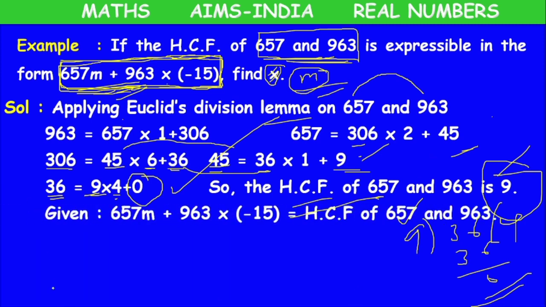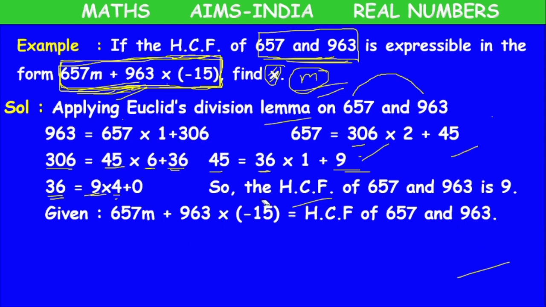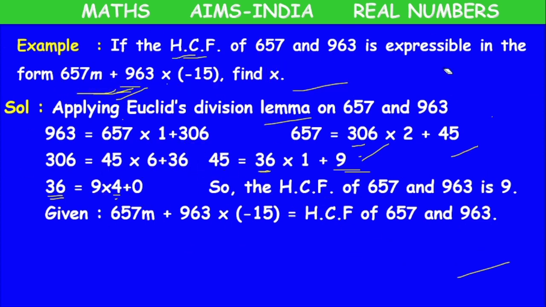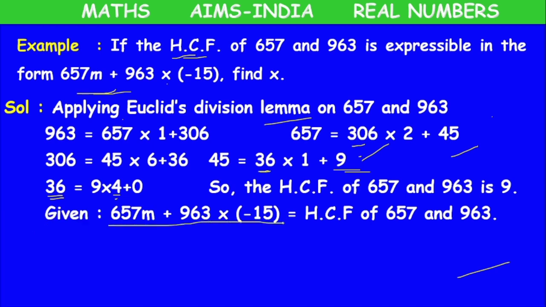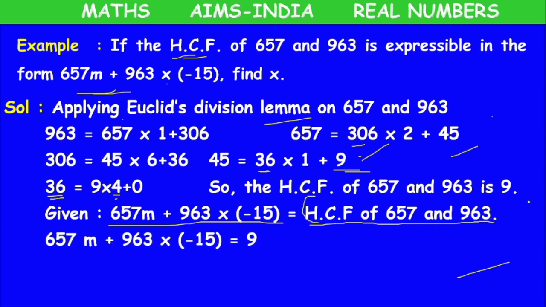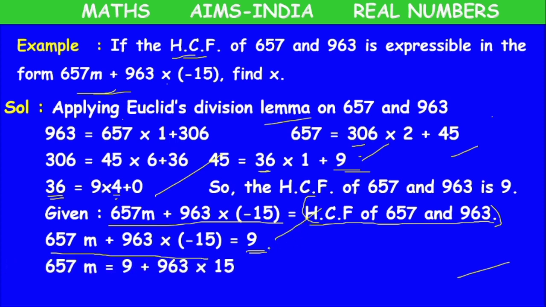Whatever we have got here is the expression which is equal to the HCF of the given numbers. Just now we found it. What is the HCF? 9. LHS will be the same. Right hand side I will keep 9.